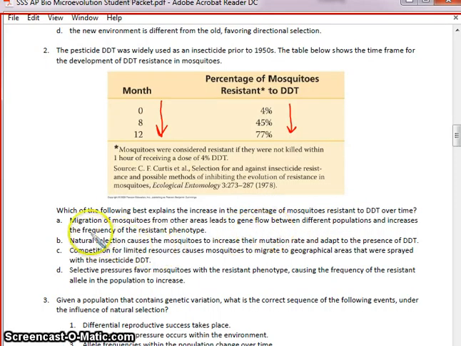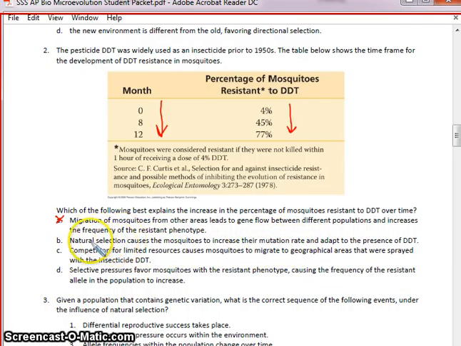Well, it says, is it due to a migration of mosquitoes from other areas, kind of like gene flow? And this doesn't say anything up here about mosquitoes coming in or going out. I'm going to cross that one off. Next one says natural selection causes mosquitoes to increase their mutation rate and adapt to the presence of DDT.